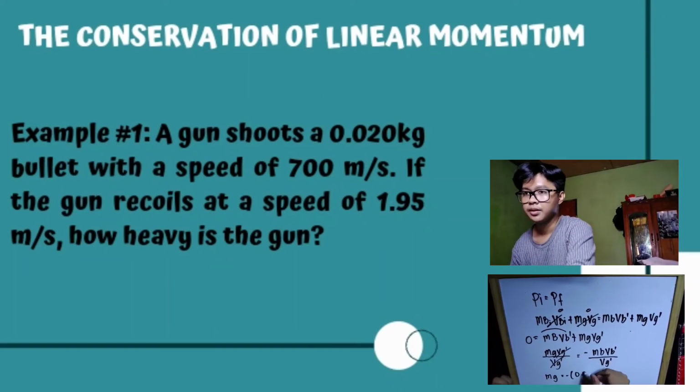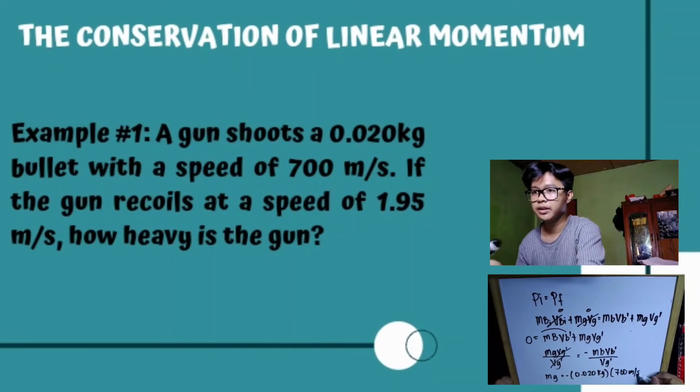So, 0.020 kilogram times the 700 meters per second, all over negative 1.95 meters per second.